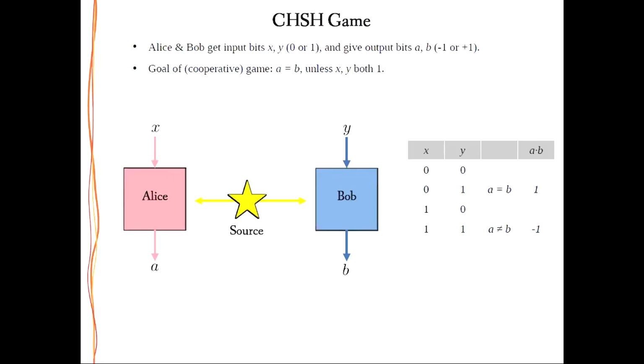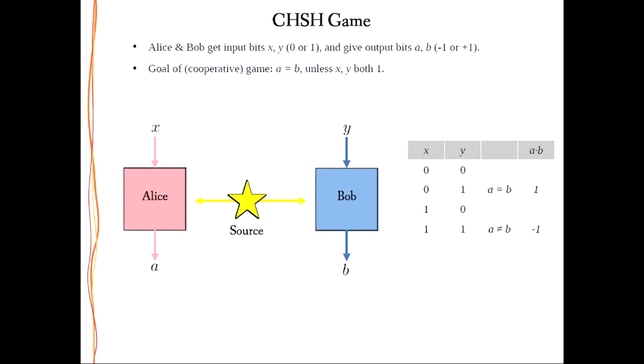So there are 4 different possibilities for the inputs, and for the first 3 possibilities, we want Alice and Bob to get the same answer. Only in the case that both inputs are 1, we want them to give differing answers, so one gives +1 and the other -1.